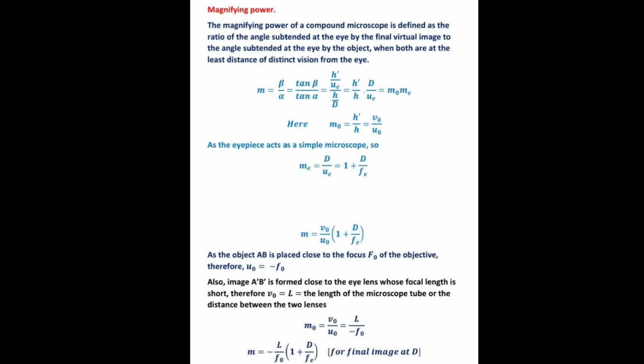So putting the value of m naught in the expression of the magnifying power of the compound microscope, we get a new relation in terms of the length of the microscope tube. So small m is equal to minus L divided by f naught, multiplied with 1 plus d upon fe. So this is for the magnifying power of the compound microscope.